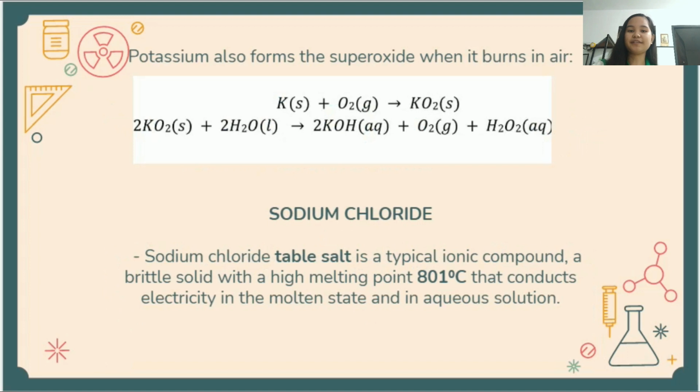Sodium chloride. Sodium chloride, also called table salt, is a typical ionic compound, a brittle solid with a high melting point at 801 degrees Celsius that conducts electricity in the molten state and in aqueous solution.